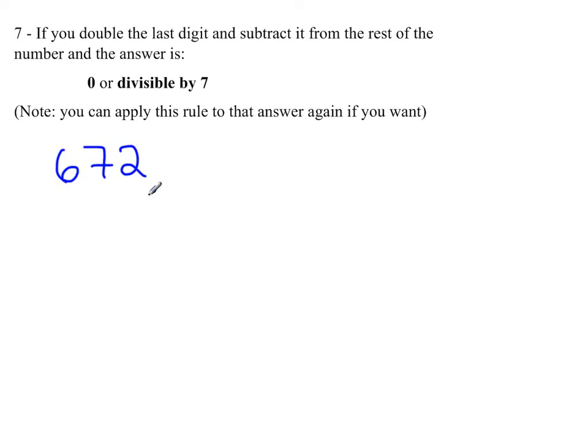Now you can do the long division. That's fine if you want to. But let's cheat and use this way. It says if you double the last digit and subtract it from the rest of the number. It's a little confusing. So my last digit is a 2. It says double it. 2 times 2 is 4. And I'm going to subtract it from the rest of the number, and what I mean by the rest of the number is what's in the front here.